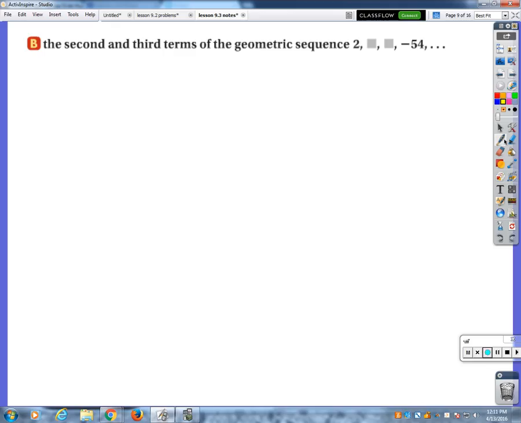This time I have to ask myself, what do I have to multiply 2 by to get negative 54? 2 times what equals negative 54? Good, negative 27, okay? So I would multiply 2 by negative 27 to get to negative 54.